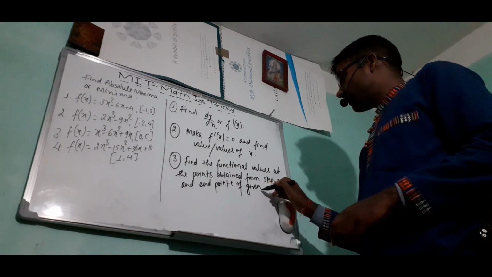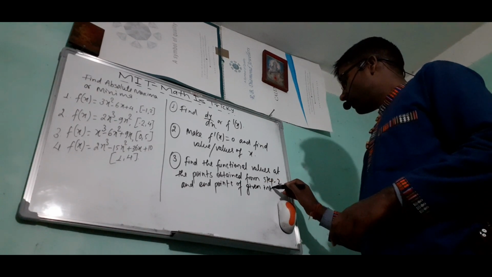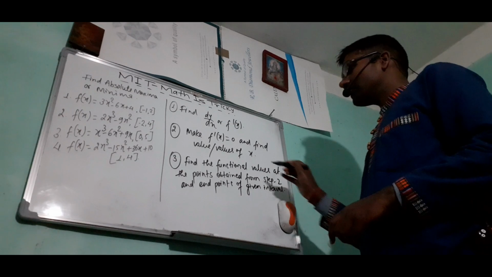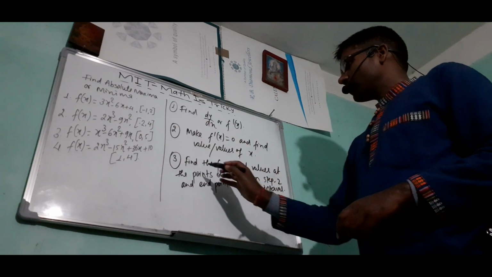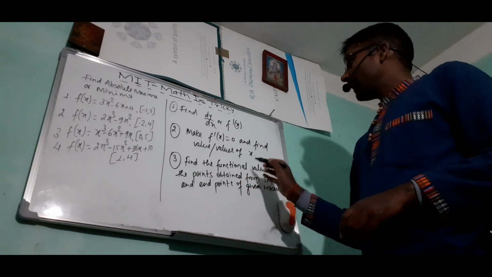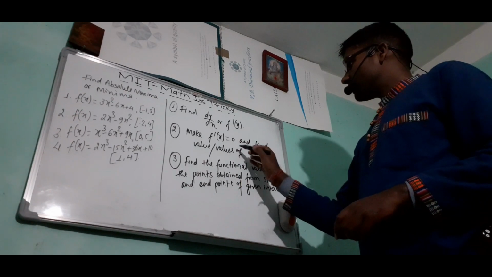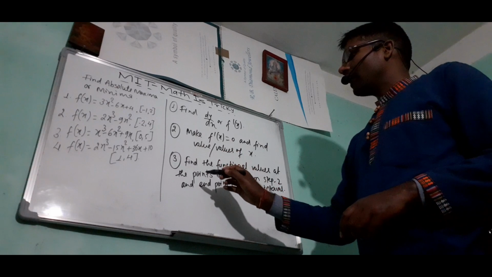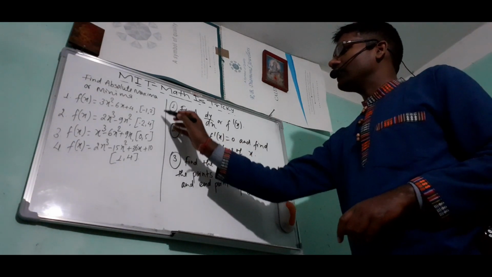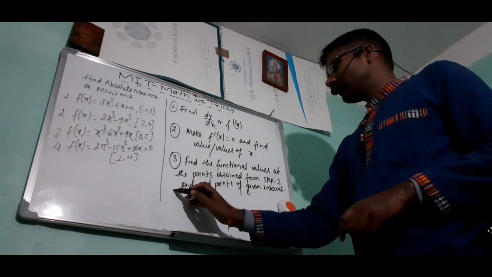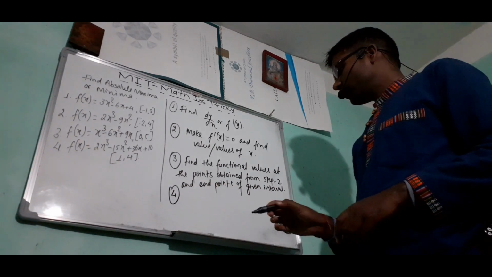Okay, you can see here in each question an interval is given, so you have to find the functional value at the points which are obtained from step 2 and at the ends of the given interval. Fourth one, now you make the conclusion.